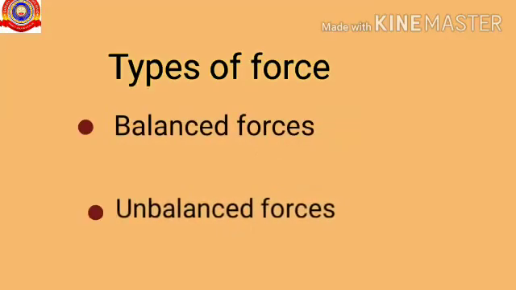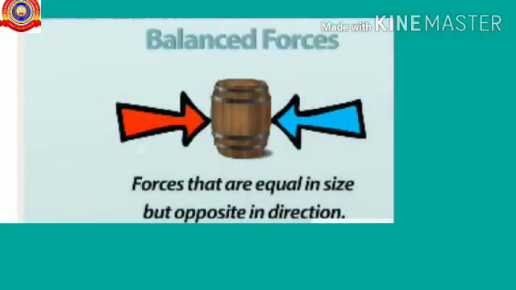There are mainly two types of forces, balanced forces and unbalanced forces. Let's see these forces in detail. The first one is the balanced force. Balanced forces are forces that are equal in size, but they act in opposite directions.